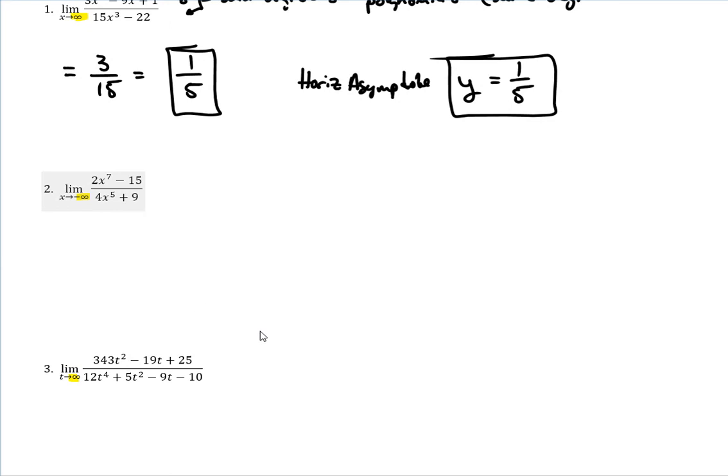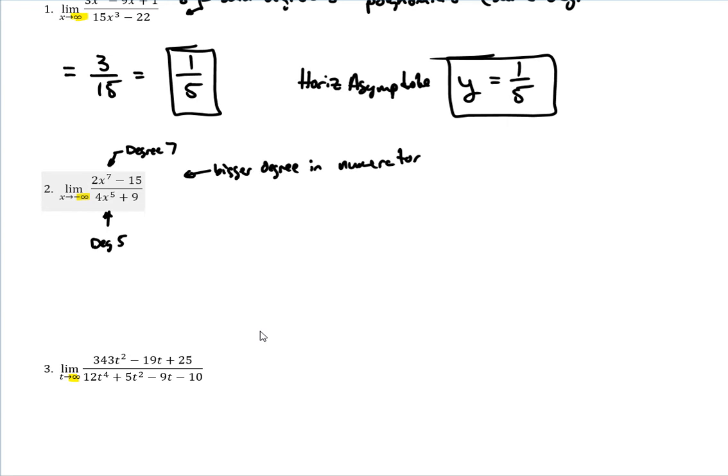All right, so let's check out these. If I'm going to break down this problem using those rules, I can see, hey, this is degree 7. That's the biggest power. This is degree 5. So my top is a bigger degree, bigger degree in numerator.